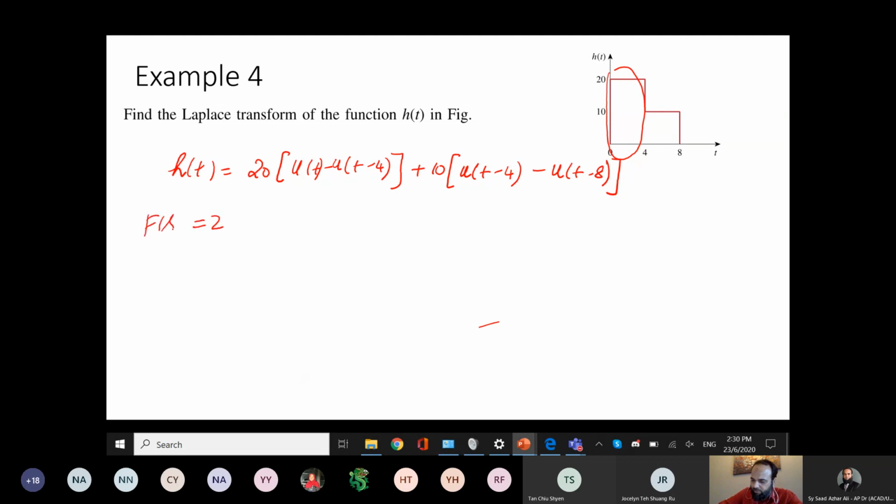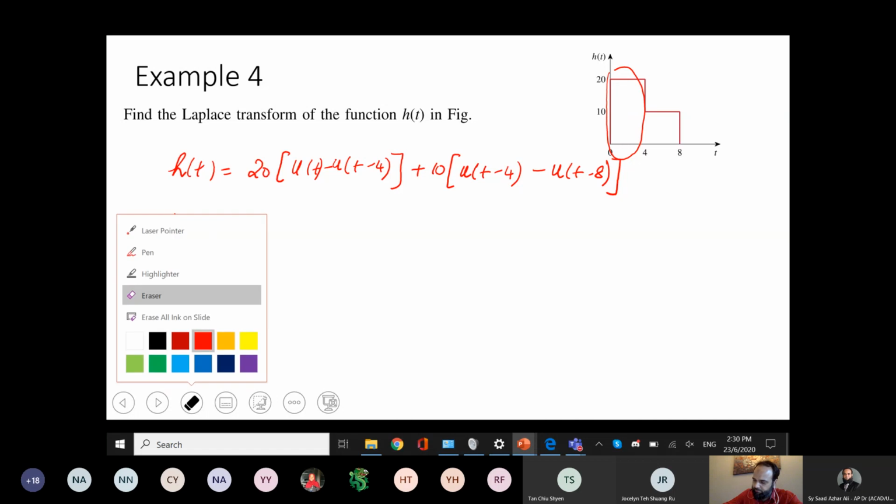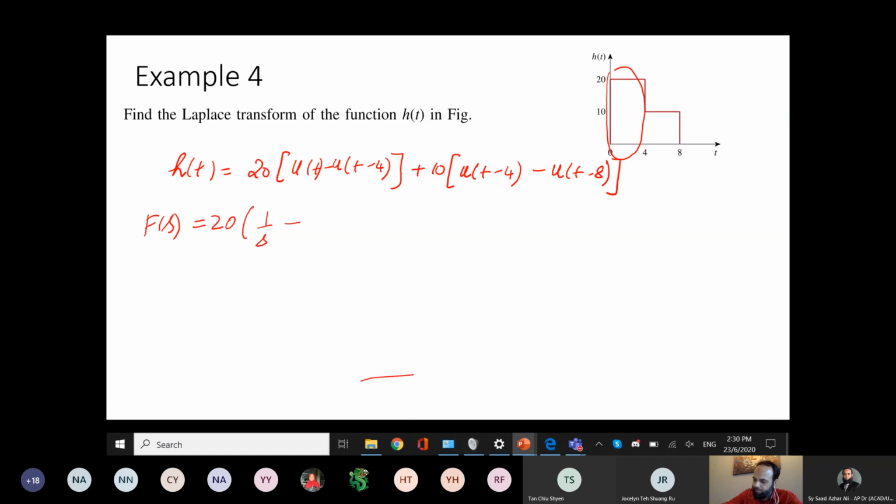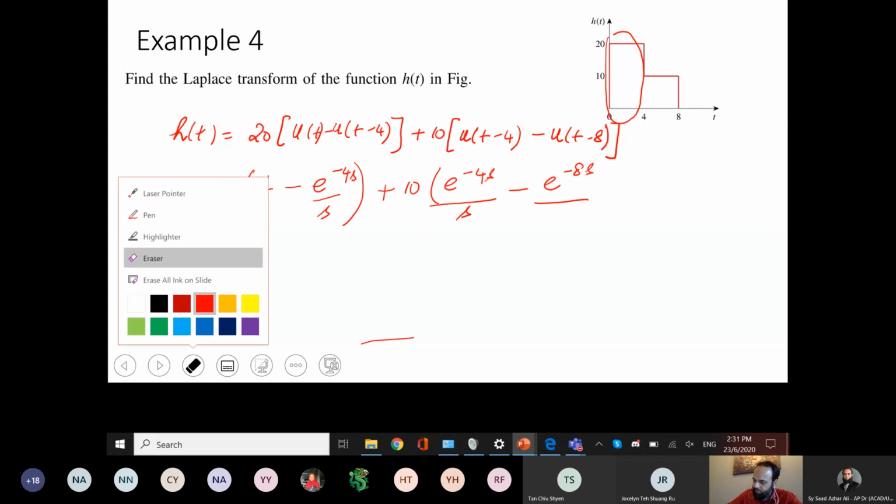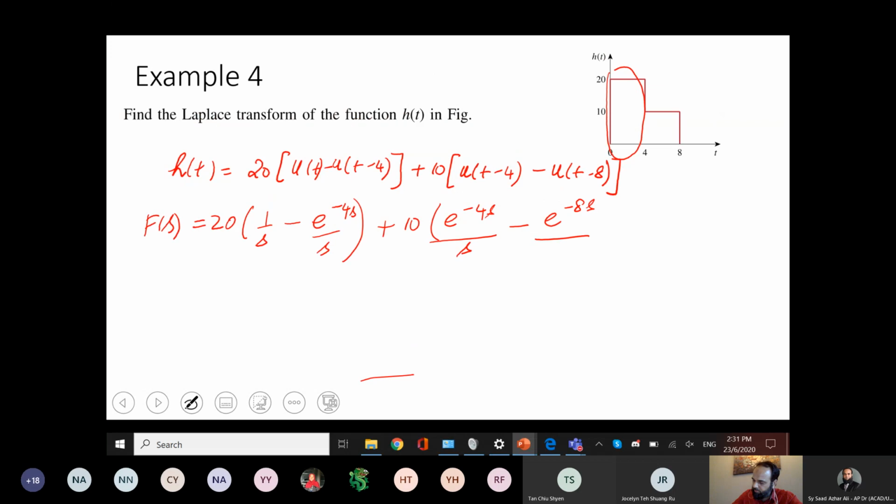F of s is 20 times 1 upon s minus e to the minus 4s upon s, plus 10 times e to the minus 4s upon s minus e to the minus 8s upon s, and then you can simplify.